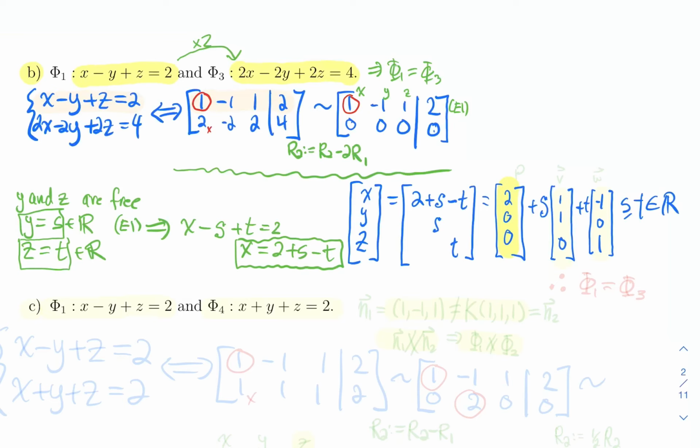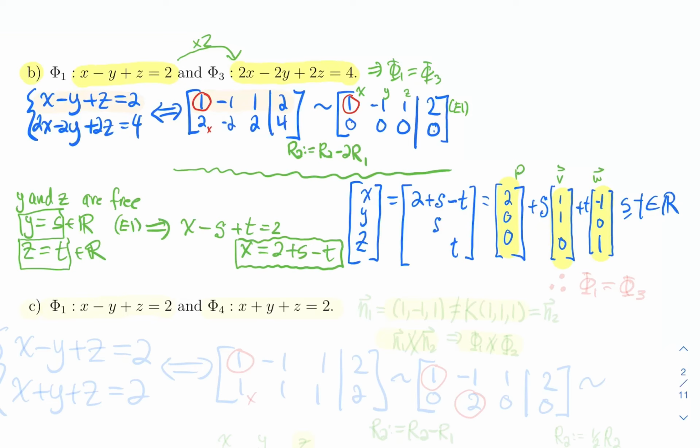That's your support point, which you could call P. The s times the other vector could be the vector V, and the last vector you could call W. So having P plus s times V plus t times W, that's the vectorial equation of a plane.